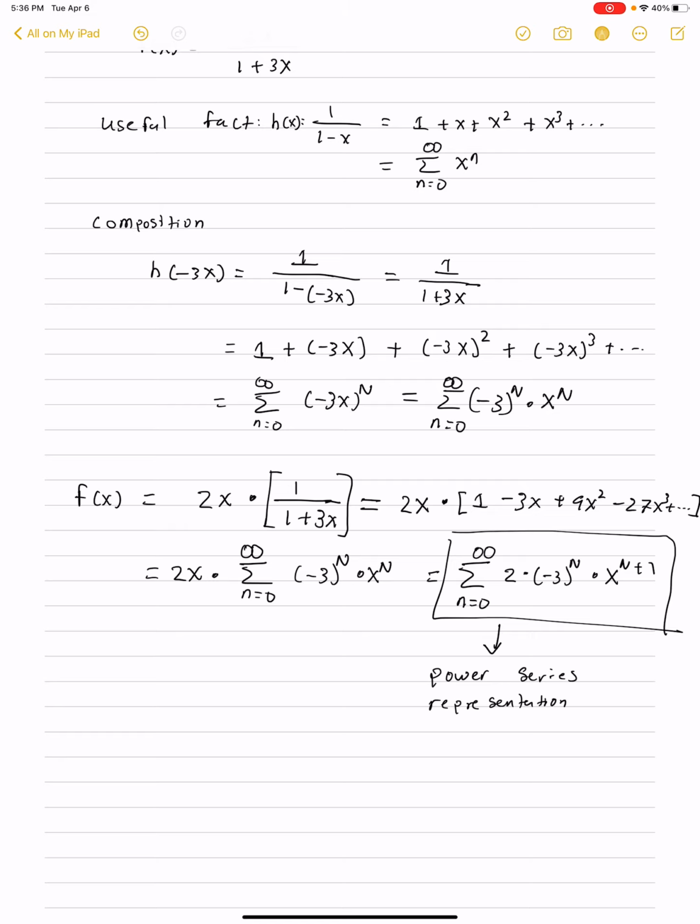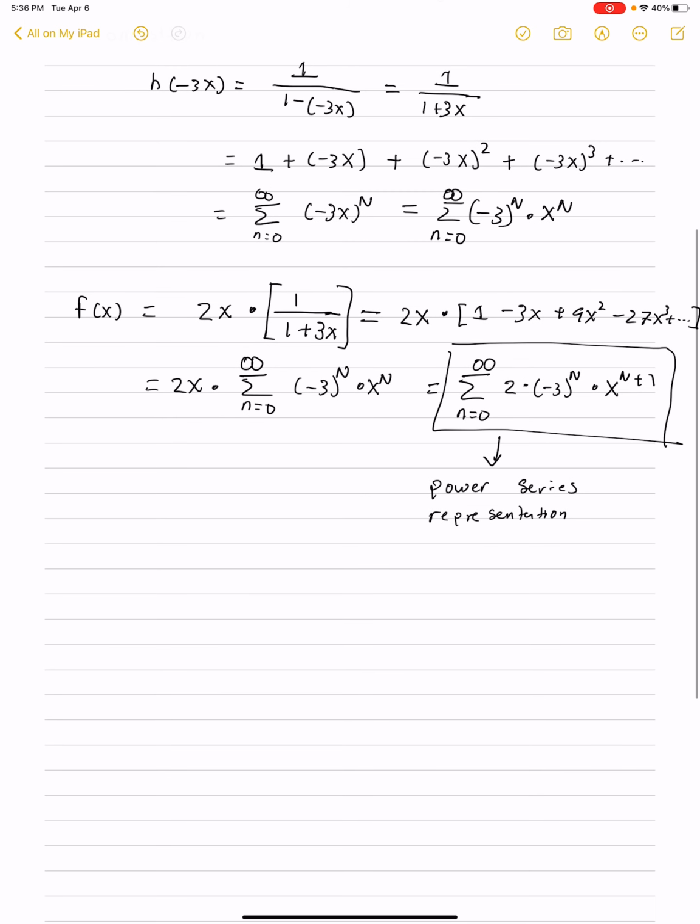Now, one thing that I want to emphasize here, but I won't go into detail because it's not the emphasis of today's lecture, is this.